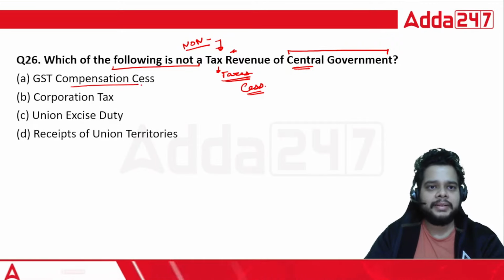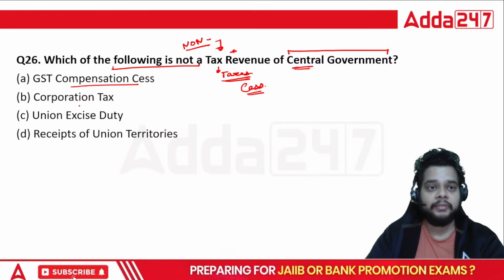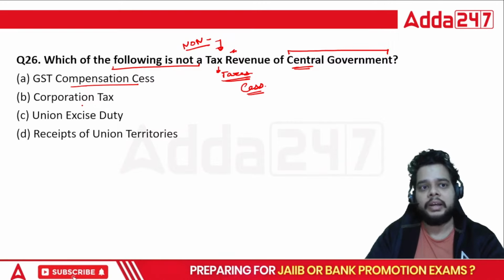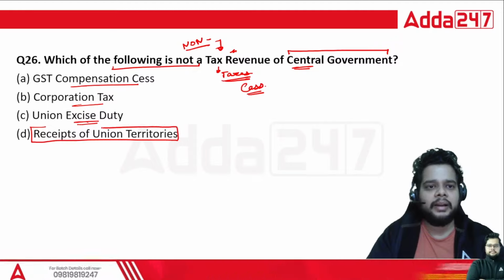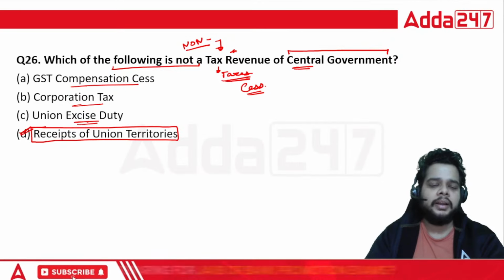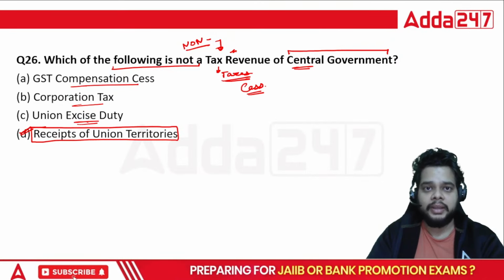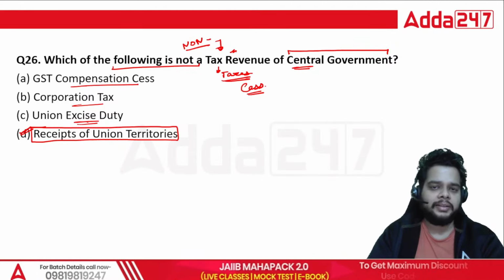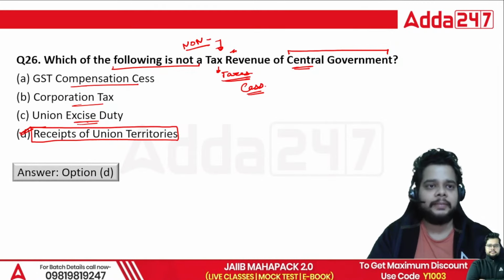So compensation cess for GST, it is a tax revenue, definitely corporation tax also, as well as union excise duty. The receipts which the central government has from the union territories, that is UTs, it is a part of non-tax revenue, and that is the right answer for us.